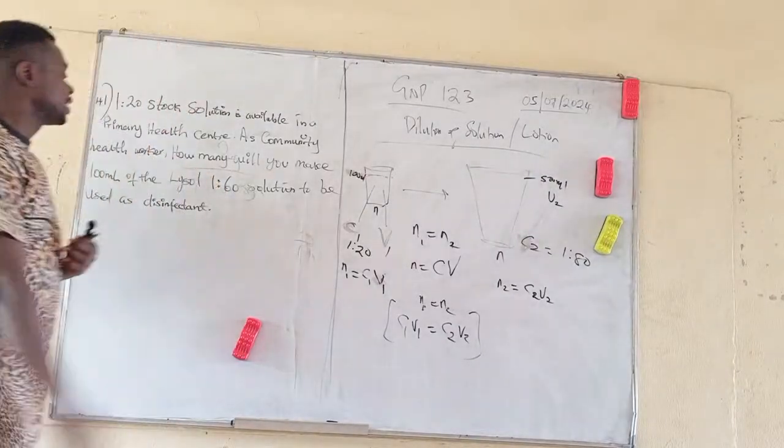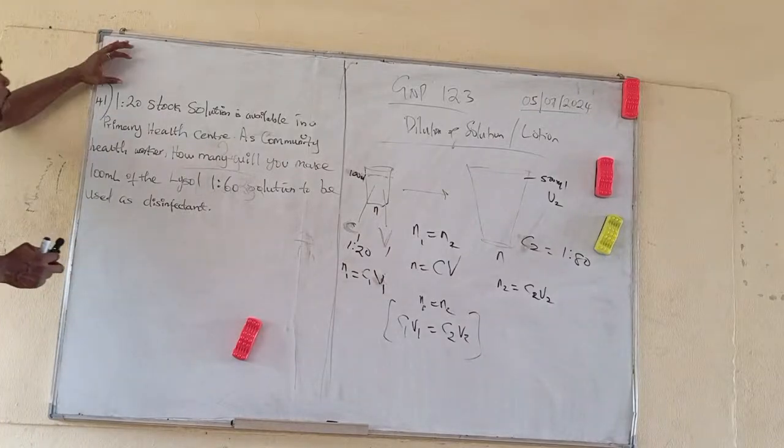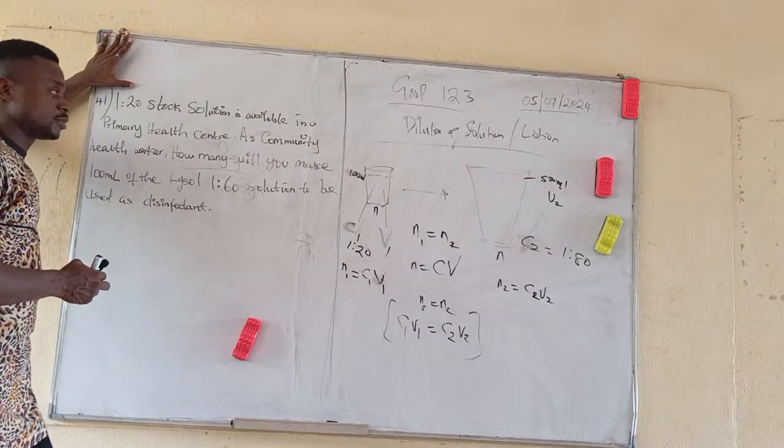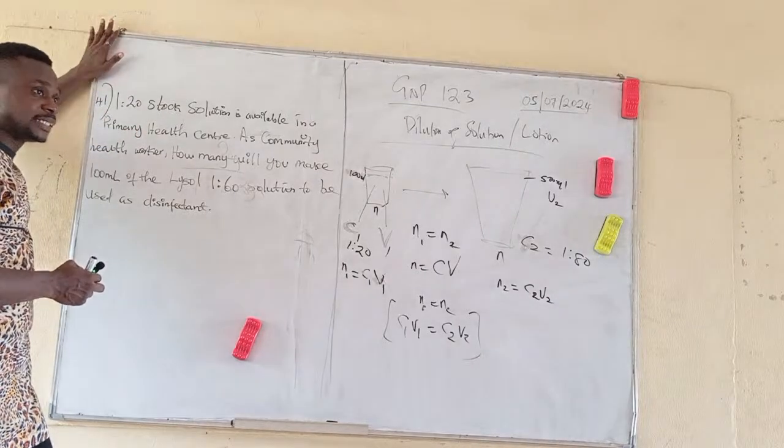All right, let's solve this question. The question says: 1:20 stock solution is available in a primary health center.